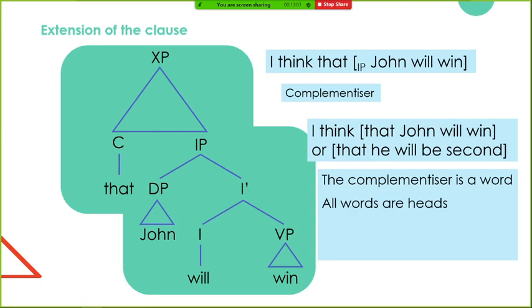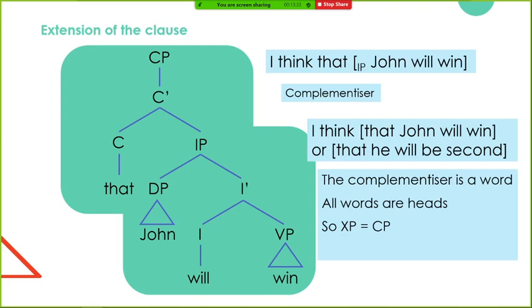Well, the most obvious solution to the problems we've got is to assume that the head of this phrase is indeed the complementizer, which is a head looking for a phrase. So if the complementizer is the head of this phrase, that phrase is a complementizer phrase. And that's the kind of structure that we propose. Okay, the complementizer is the head, heading a complementizer phrase, and the IP is inside that.